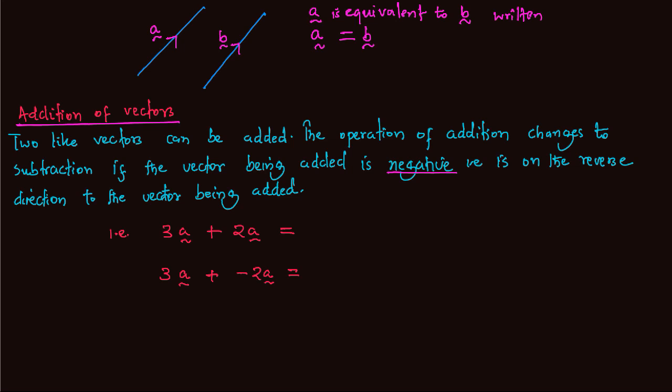For example, in the following examples, we have 3a plus 2a, and these are like vectors, and that will give us 5a. 3a plus negative 2a, so meaning negative 2a is the reverse of 2a.